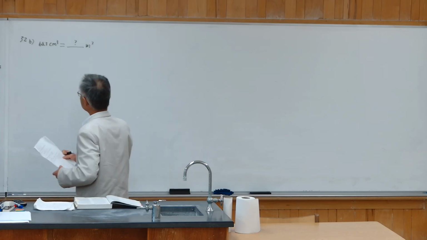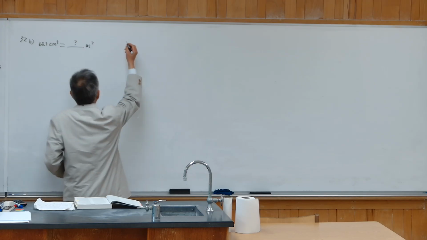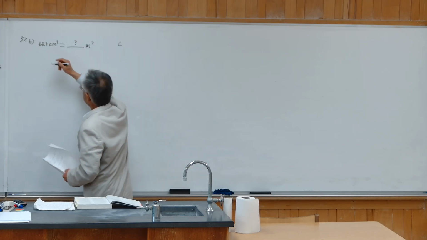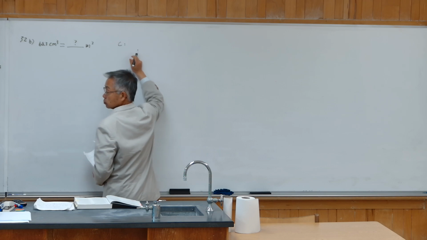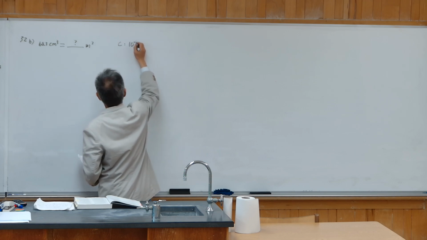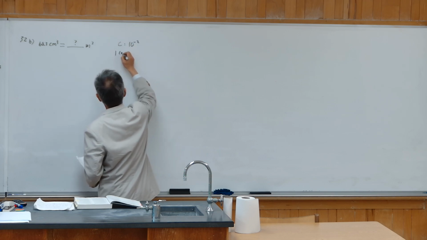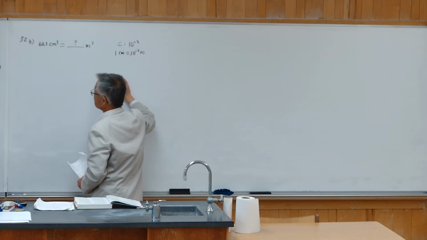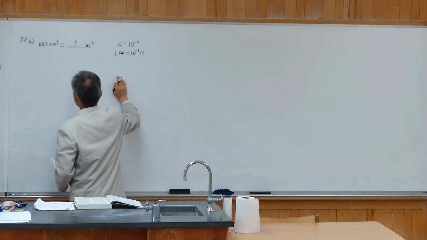So first of all, we need to know the conversion factor. Centi is 10 to the negative 2, right? That means 1 centimeter equals 10 to the negative 2 meter. But I need to be careful here.